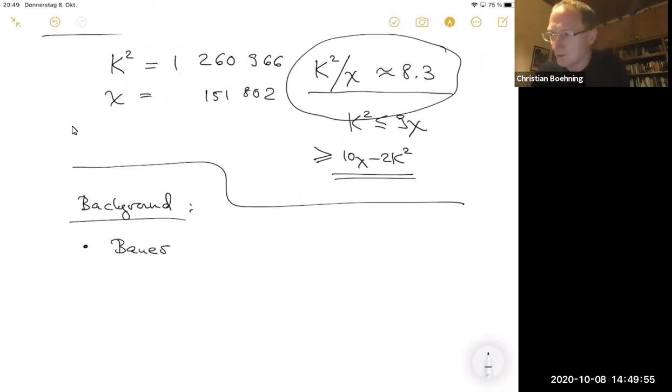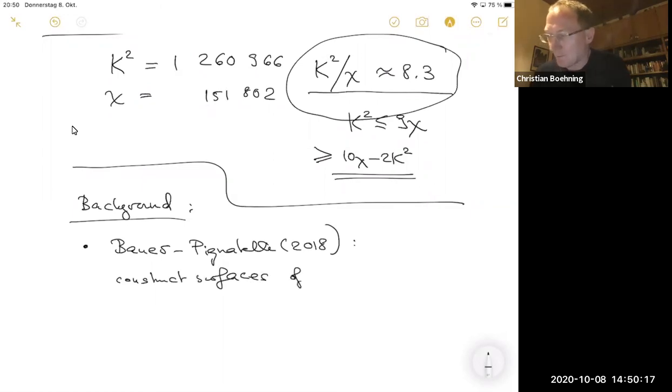Such manifolds that are rigid, but not infinitesimally rigid, were first constructed by Ingrid Bauer and Roberto Pignatelli in 2018. They construct surfaces of general type that are rigid, but not infinitesimally rigid.